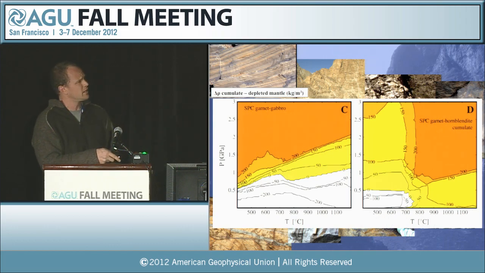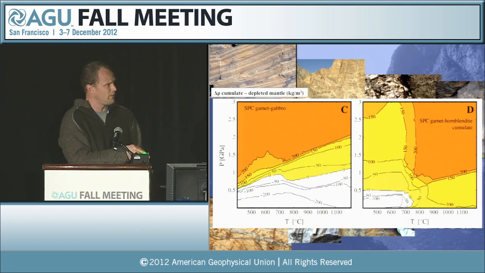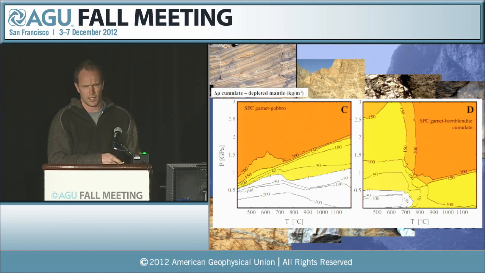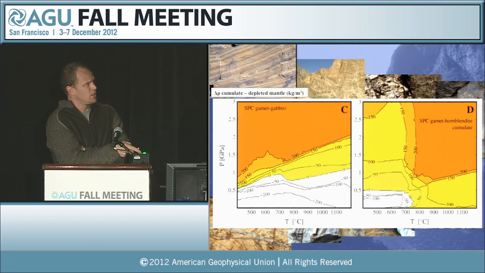And what you see here in this diagram of pressure against temperature is the density difference of the rock we are interested in against the subsolidus phase assemblage of a depleted upper mantle. And so everywhere where this diagram is color-coded, the rocks we are looking at are more dense than the underlying mantle, and thereby, of course, in detail, depending on viscosity, you could delaminate and bring them down into the mantle.